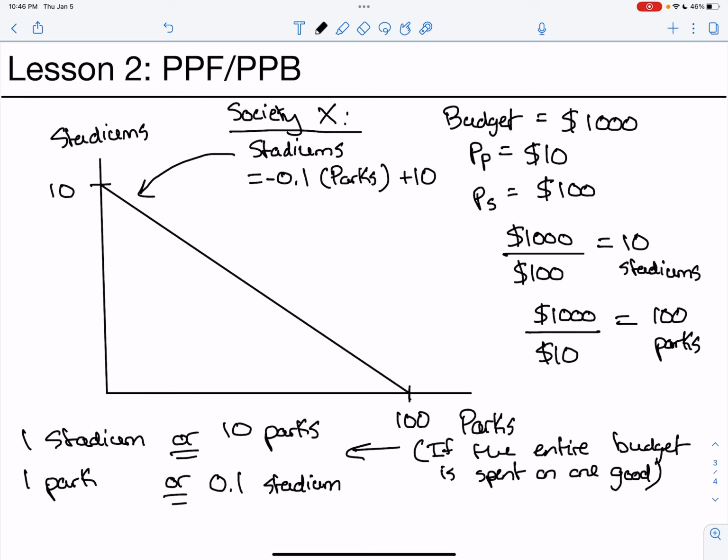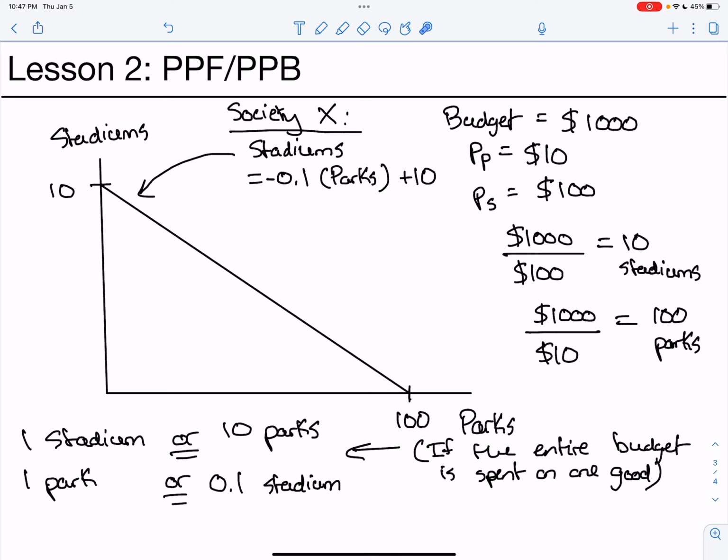Okay, so what this is telling us is the following. The opportunity cost of building a stadium is 10 parks. The opportunity cost of building 1 park is 1/10 of a stadium or 0.1 stadium.